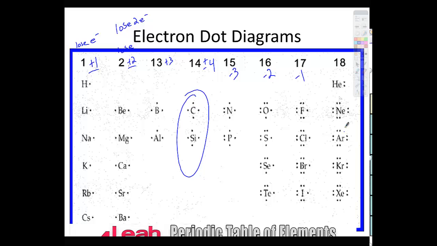They don't want to gain or lose any, so their charge is 0, and my oxidation number would be 0 for that element. If you see the pattern here: group 1 is +1, group 2 is +2, then 13 is +3, 14 is ±4. Then we start counting backwards, -3, -2, -1, 0. And then we get our final answers.